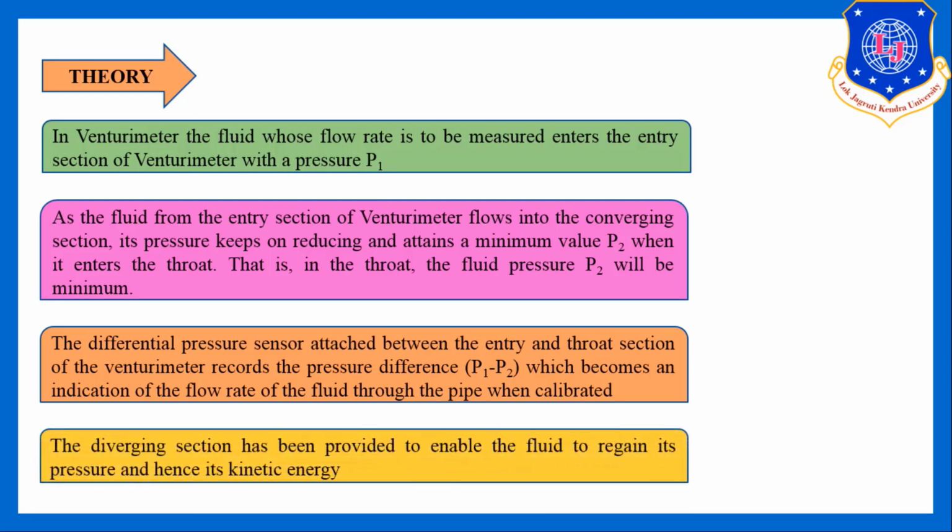The diverging section has been provided to enable the fluid to regain its pressure and hence its kinetic energy. So the function of the diverging section is to enable the fluid to regain its pressure and its kinetic energy. Basically, the venturimeter is divided into three sections. Converging section pressure is P1, throat section pressure is P2, and we want to measure the pressure difference P1 minus P2.